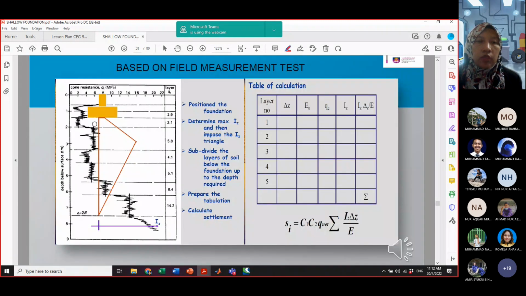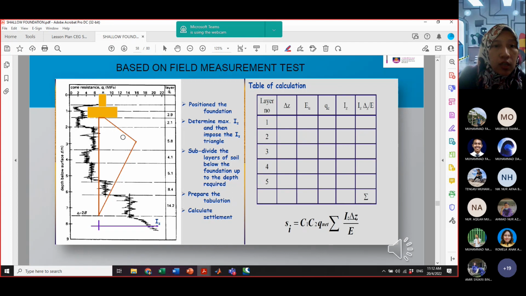Okay, this is example if you have layered soil profile and then you have the data from the CPT, so you can tabulate the data into this table and then need to know what is the total settlement for each layer so that it represents the whole picture of the profile.